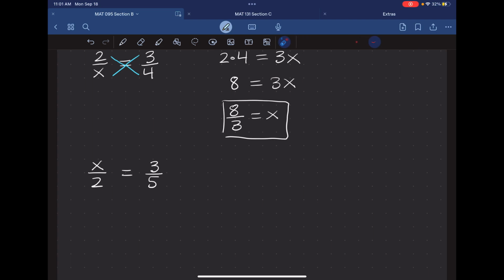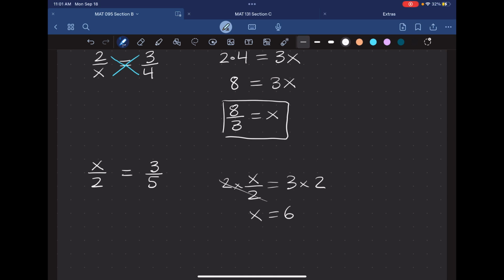I have x divided by some number is equal to another number. And if you had something like x over 2 equals 3, you would say, okay, multiply both sides by 2, and then we would get x is equal to 6.